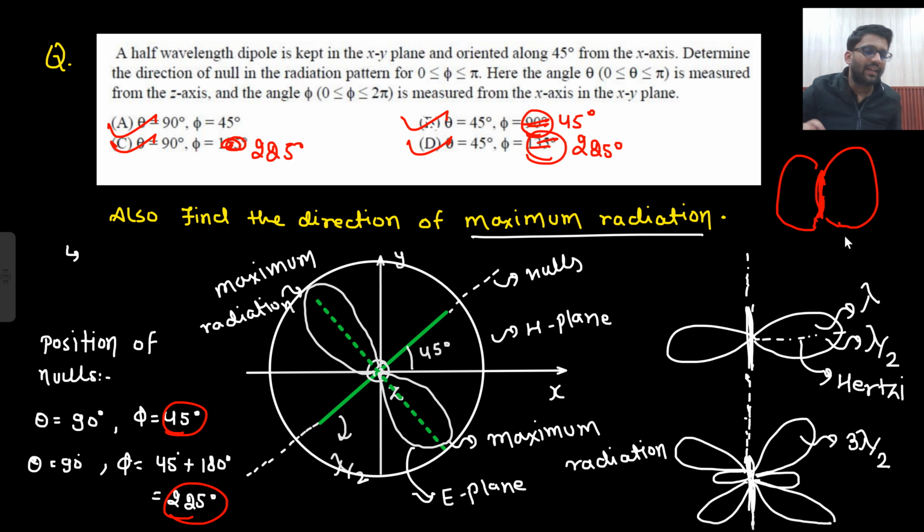And there we were saying that along the direction of my antenna, along the axis of my antenna, there is no radiation. So always there will be no radiation along this direction, whether your theta is 45 degree or 35 degree or anything. For theta ranging from 0 to 180 degree, along the direction of the axis of the antenna there is no radiation.